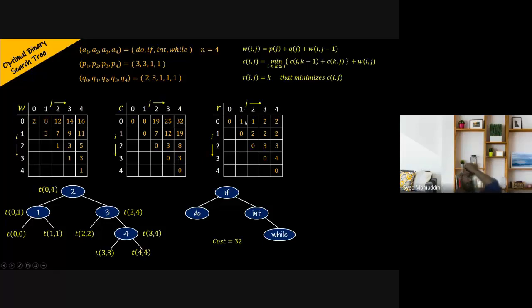So we will consider the row here. Now we will look at where the value 2 changes. So here if you see we have 0 comma 4 as 2, 0 comma 3 as 2, 0 comma 2 as 1. Now here the value is changing.